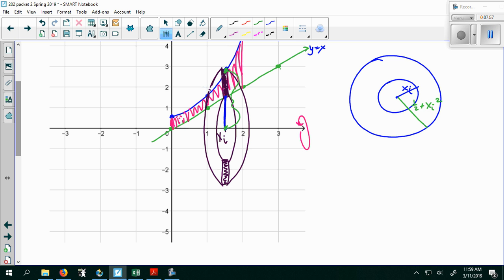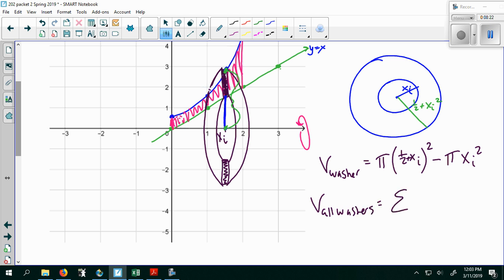So the volume of my washer is pi times the outer radius squared minus pi times the inner radius squared. Now I add up the volumes of all my washers.